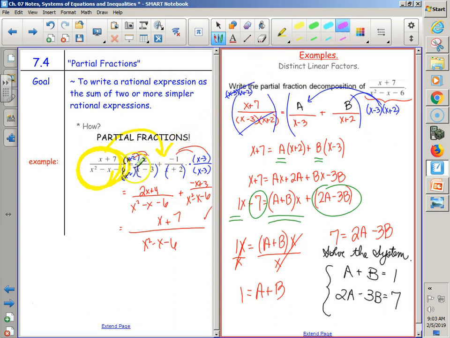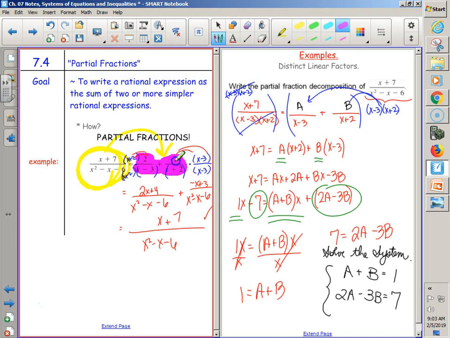In this example, 2 over x plus 3 is one partial fraction, and negative 1 over x plus 2. Those are our partial fractions. Parts, partial. Fractions that can be combined by common denominators to be the original. Partial fractions, breaking a whole down into its smaller parts.